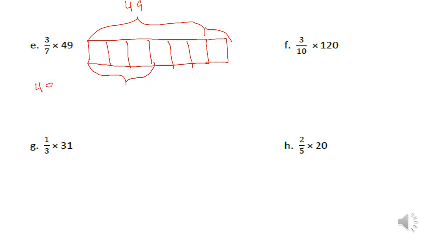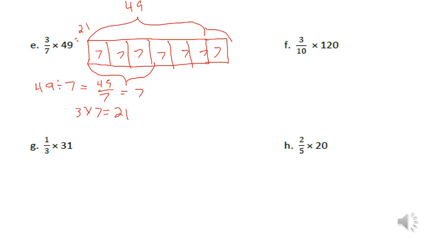So we're going to go 49 divided by 7, because there's 7 units, which equals 49/7, which equals 7. So we know that each one would be 7. But since we're looking for 3/7, we know 3 times 7 equals 21. So 3/7 of 49 would equal 21.